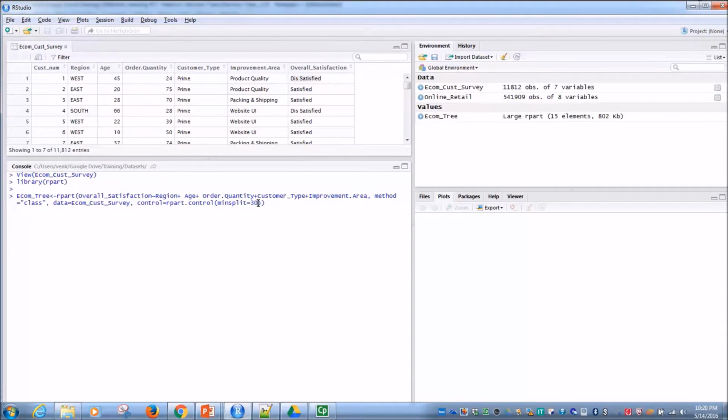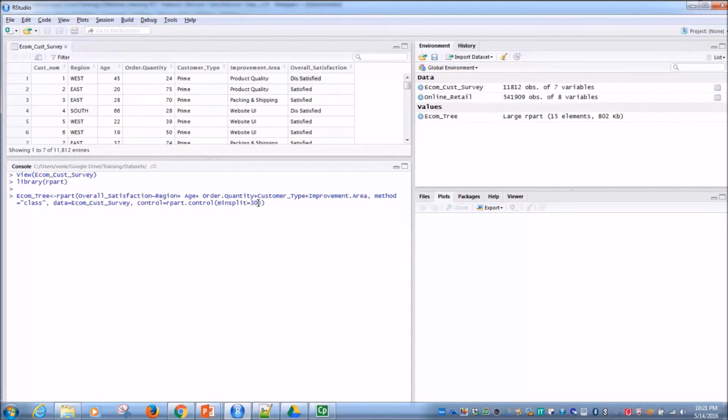Now to draw such conclusions, if we don't have a sufficient number of records in that particular node, then it doesn't really make any sense. Even if we are saying north region customers are highly satisfied, but there are only 4 or 5 customers from the north region, whereas south region has like 10,000, then it doesn't make sense to compare north versus south, because there isn't a significant number of customers to actually draw that conclusion.